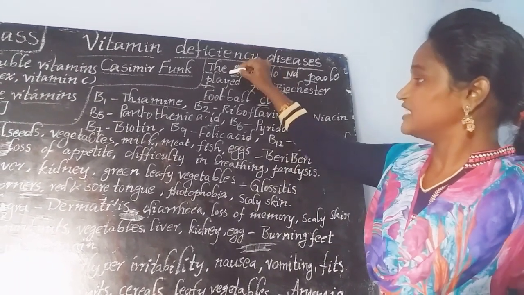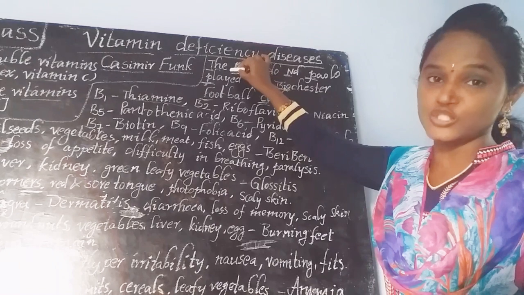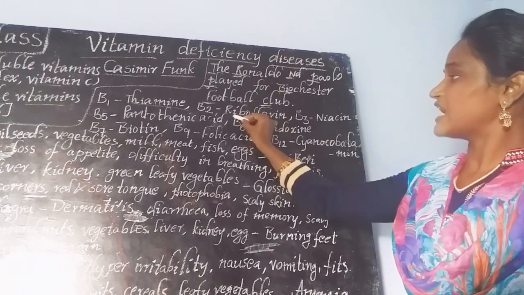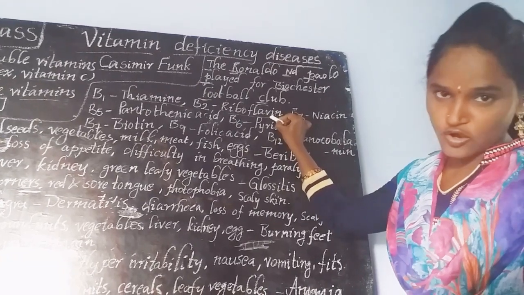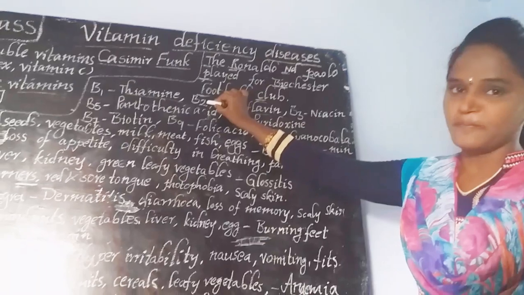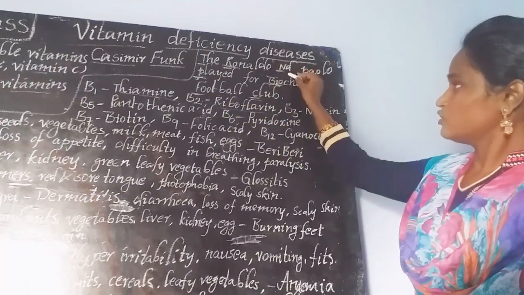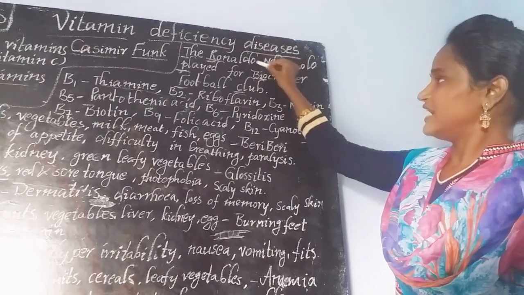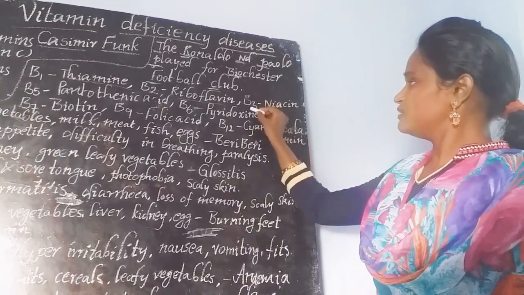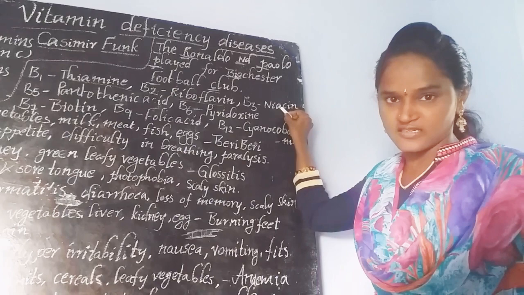And here R indicates vitamin B2. The scientific name of vitamin B2 is riboflavin. Then the next one, N, indicates vitamin B3. The scientific name of B3 is niacin.